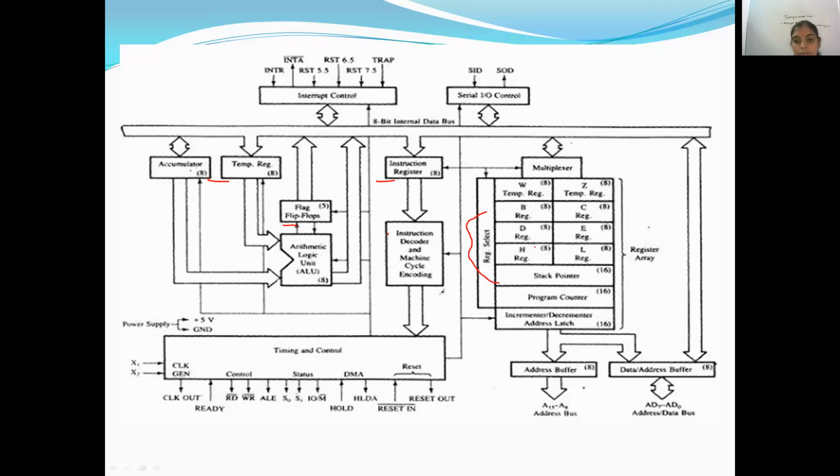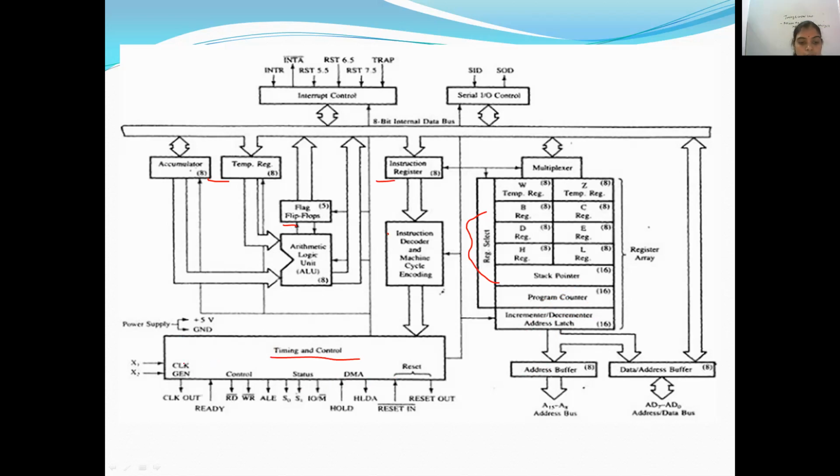These are 8-bit registers. When we use them combined as register pairs, they form 16-bit registers. Stack pointer points to the top of the stack memory. Program counter stores the address of the next executable instruction. Then the incrementer and decrementer. Okay, then the timing and control unit.